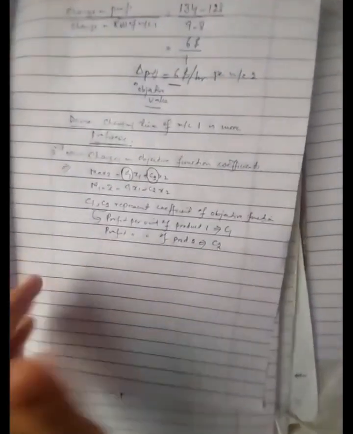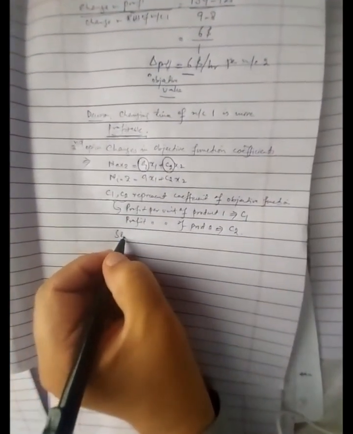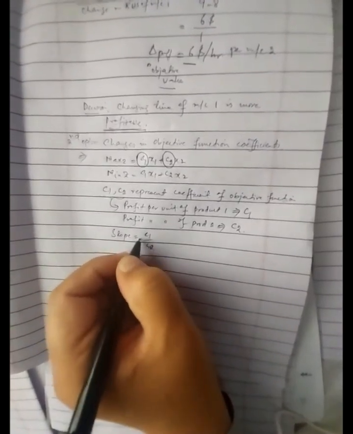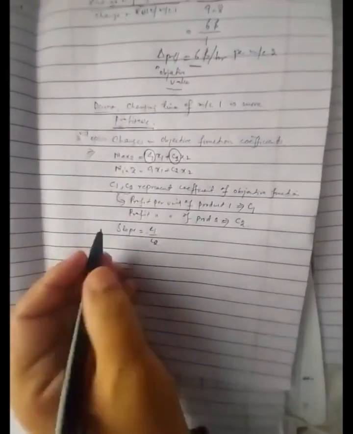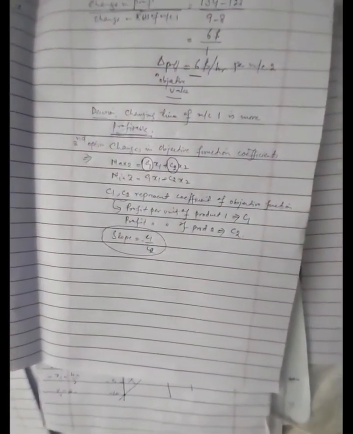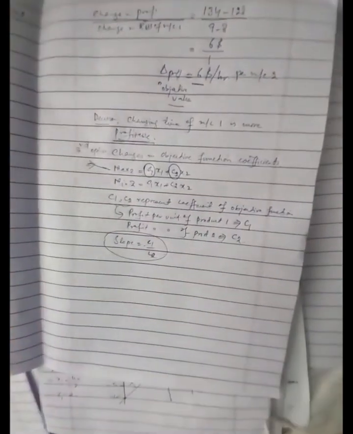Yes, we know that the slope is equal to C1 by C2. This is the slope of this objective function.